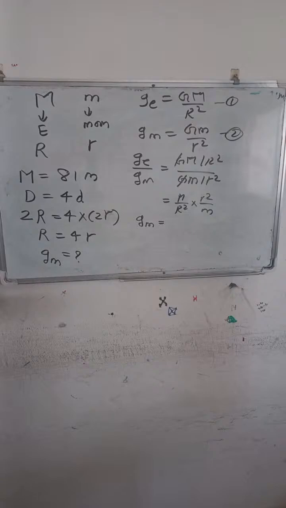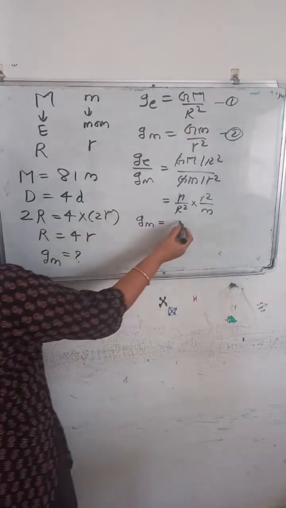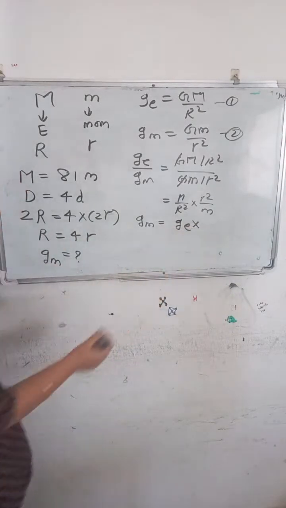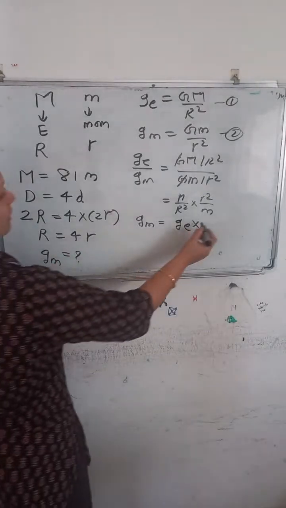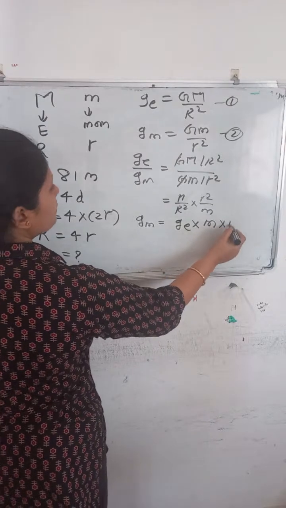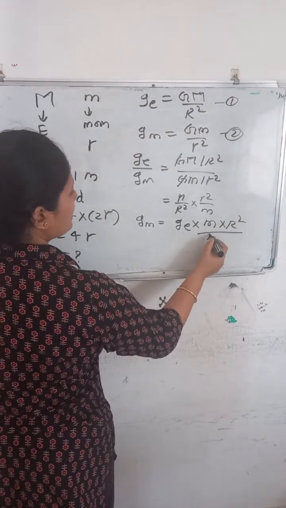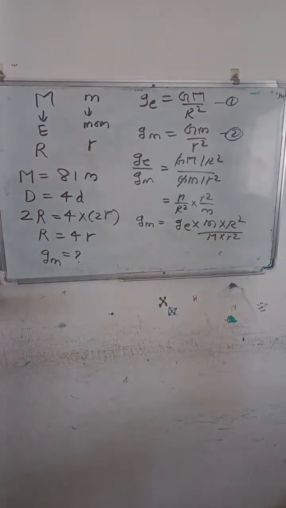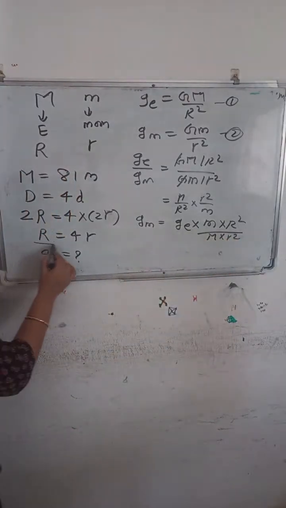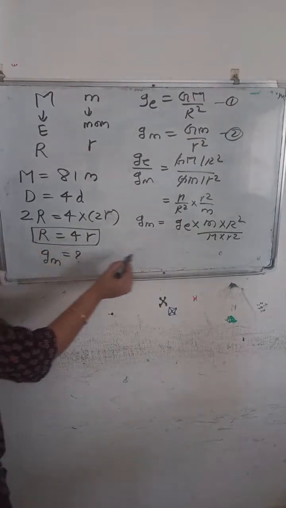g_m is nothing but g_e into small m into capital R square upon capital M into small r square. Now substitute the values; many things get cancelled. We got capital R is nothing but 4 times small r.